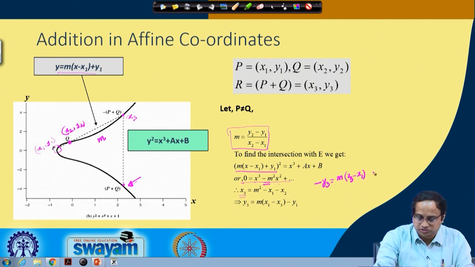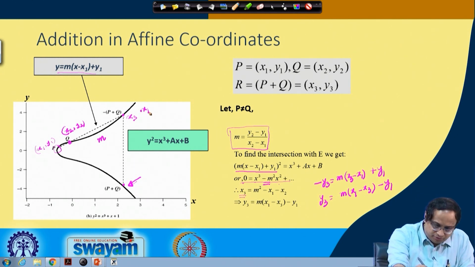So minus y3 equals m times x3 minus x1 plus y1, and therefore I get y3 as m times x1 minus x3 minus y1. I hope you understand that if this point is x3 comma minus y3, then the point which I am inverting over the x axis is x3 comma y3.